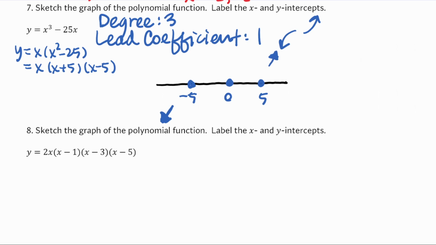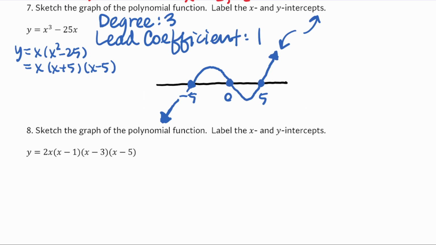And then we just fill in. For today's lesson, all of these zeros, we're going to go straight through. Maybe you've already seen later in the unit that that's not always the case, but for this one today, I only gave you the types of zeros where the graph is just passing through. Okay, so that's going to be a sketch of the graph.